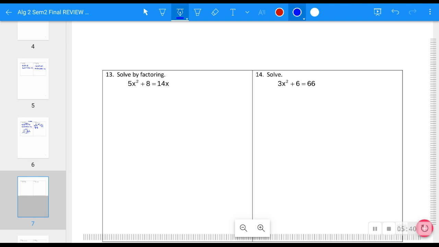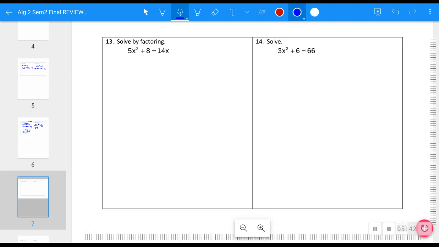Okay, on 13 and 14, on 13, we're going to be solving by factoring, and that approach requires us to have it equal 0. So I'm going to bring the 14 back over to the left-hand side, and then I'll use my star method to break this open here.